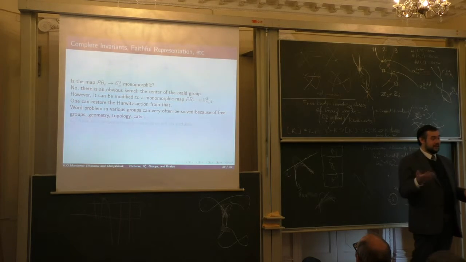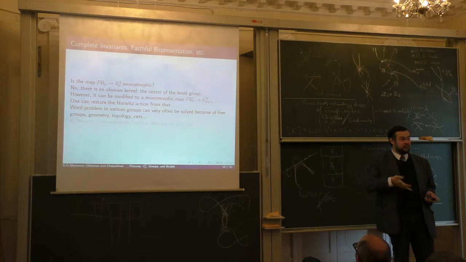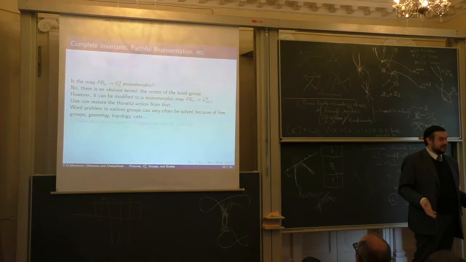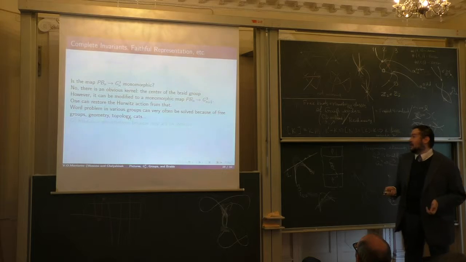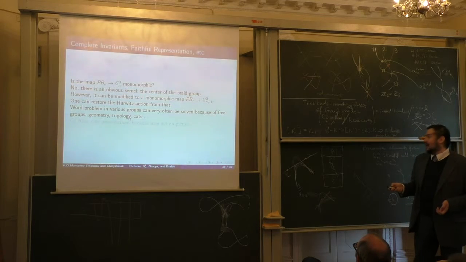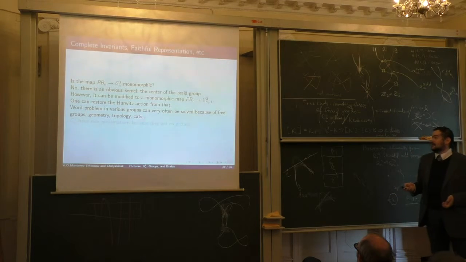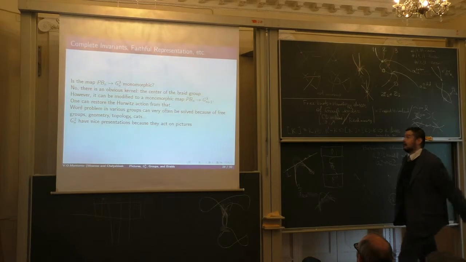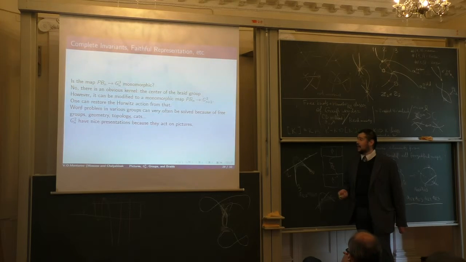Why can't this action of the braid group on the automorphism group be faithful? Because of the pictures. And pictures in some ways similar appear to solve various problems and various word problems for groups. And actually, GN2 have very nice presentations because they have some pictures.